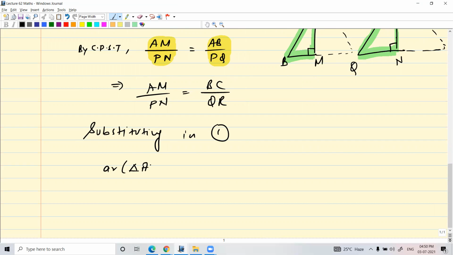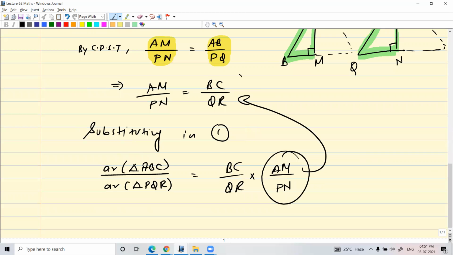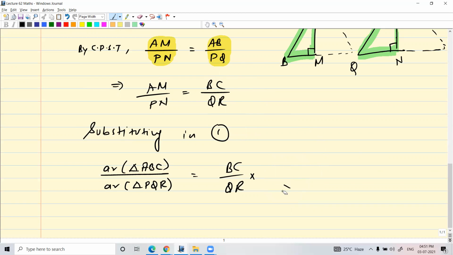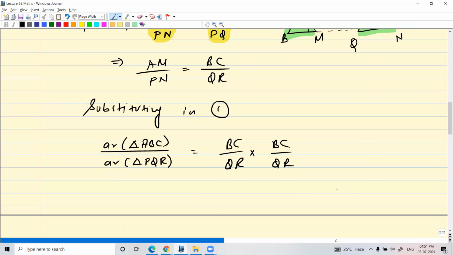So area of triangle ABC by area of triangle PQR will be equal to, what was it? BC by QR into, earlier it was AM by PN, but this I'm going to replace with BC by QR. So let's write BC by QR again over here. Understood? Yes, sir.